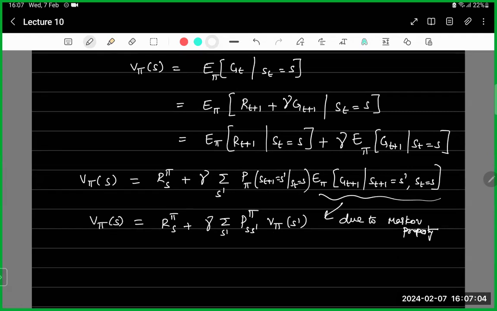So is this clear? This equation is what is called the Bellman expectation equation.